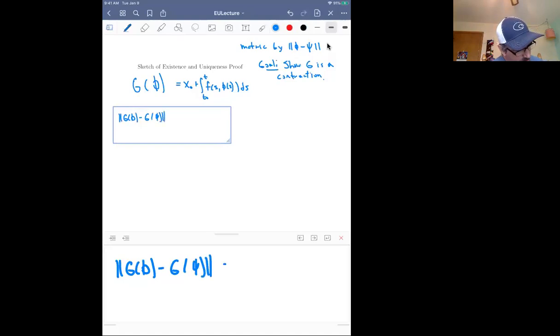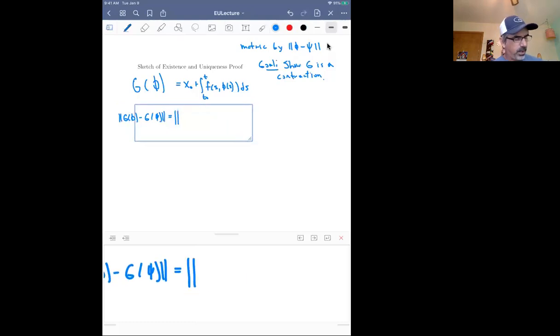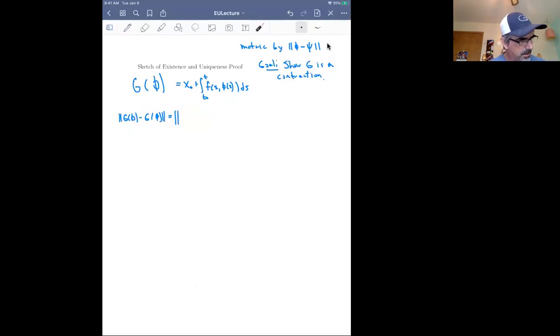Let's just think before we start writing. We take phi and put it in here, and we get exactly what we see here. When I put psi, that other function, in there, I get the same thing, except that now becomes a psi. Then I subtract them, and when I subtract them, the x zeros go away, and I can combine that all into one integral.